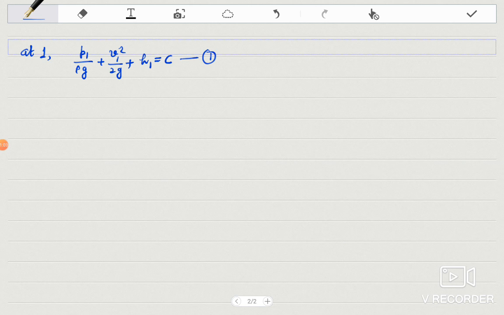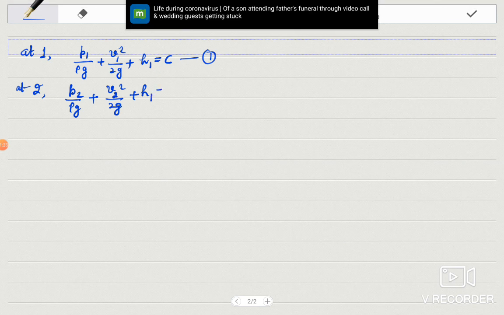We may write Bernoulli's equation in this sense, or like P1 plus half rho V1 square plus rho g H1 is equal to C. We may write in both ways. At point 2, it will be P2 upon rho g plus V2 square upon 2g plus H1. I am writing H1 because H1 and H2 both are the same.